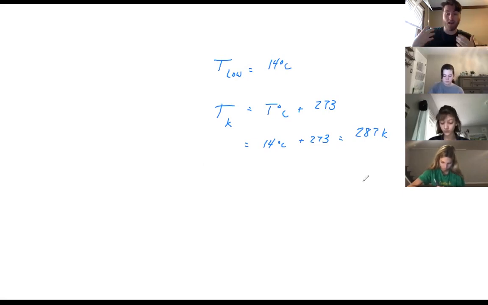Remember, if we're adding, we go off the sig figs based entirely off of these values. Our 14 has 0 decimal points, meaning our answer needs 0 decimal points. We keep it exactly as 287 Kelvin.